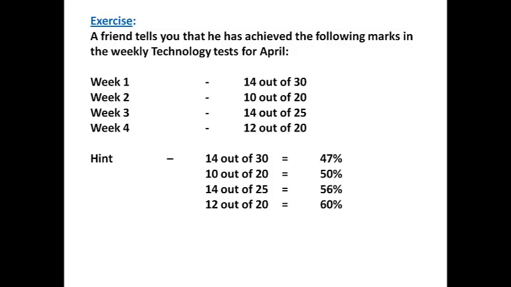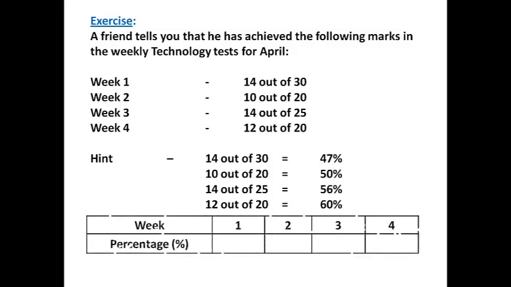What I would like you to do now is to draw the following table. Do so in your workbooks. Complete the table by filling in the missing percentages for weeks 1, 2, 3, and 4.